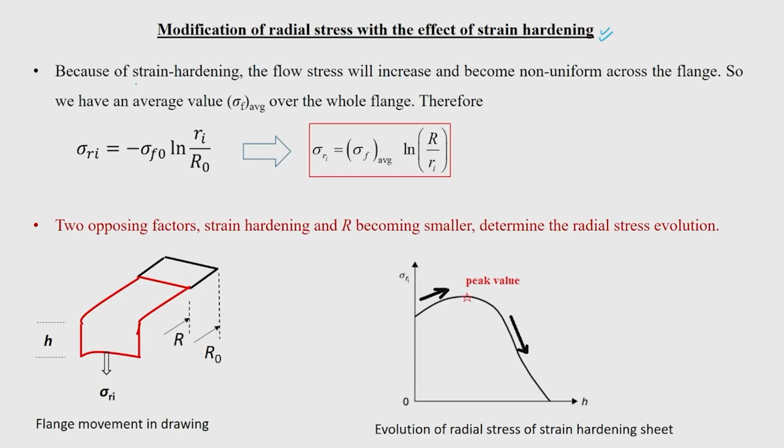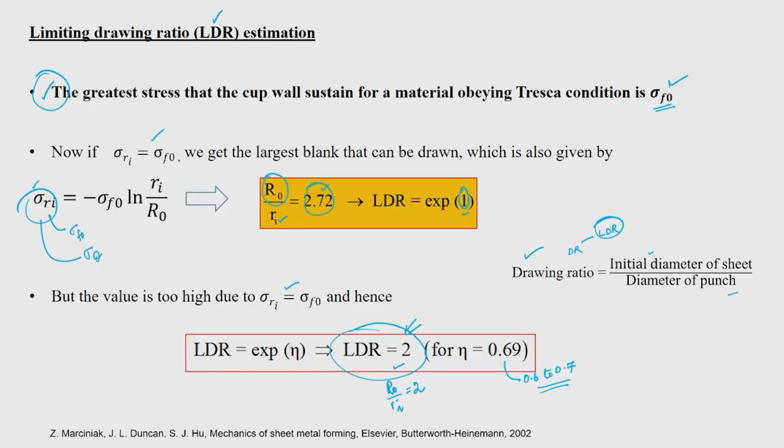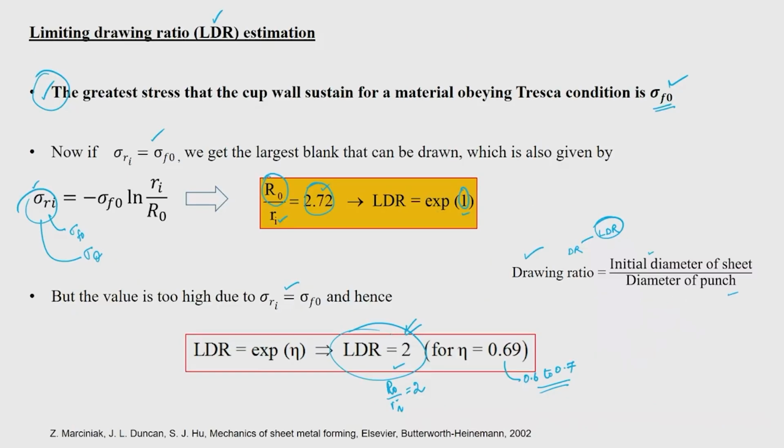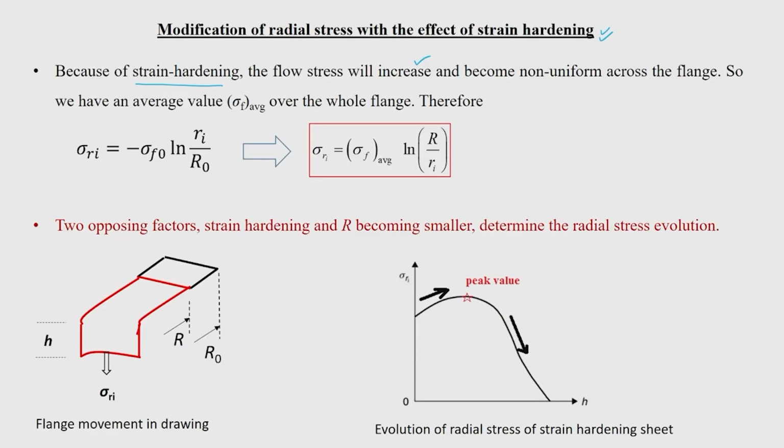Because of strain hardening, we know that the flow stress will increase. If you pick this flange region, we will go to this diagram. If you pick this particular flange region, you will see that at different locations you may get different levels of flow stress, and it will be non-uniform.